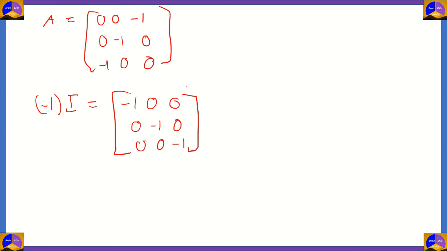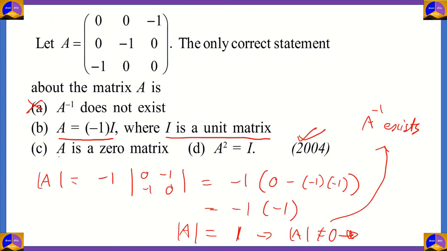As you can see, both these matrices are completely different. They might have the same elements, but the order in which they're arranged is important. So you cannot write that A equals -1 times the unit matrix. So option B is incorrect.